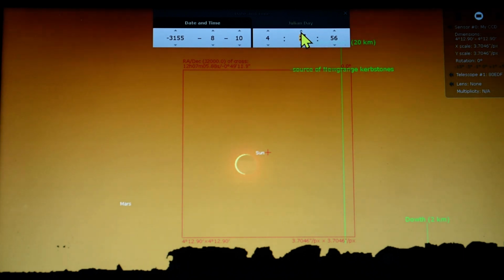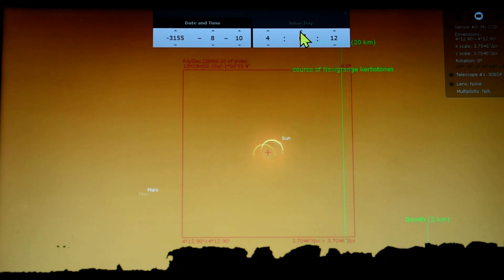1 minute, 2 minutes, 3 minutes, 4 minutes. Notice how the sun is rotating around. Let's come back here. So again, 4 o'clock. 1, 2, 3, 4, 5.